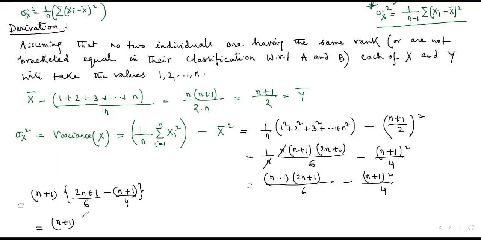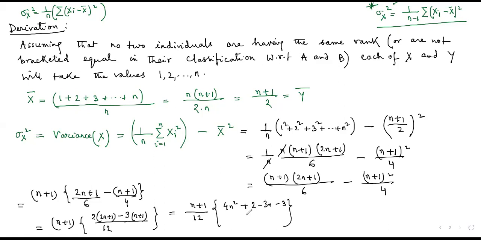So the LCM is 12, and we get 2 into (twice n plus 1) minus 3 into (n plus 1), and that is equal to (n plus 1) by 12 into (4n plus 2 minus 3n minus 3) by 12.